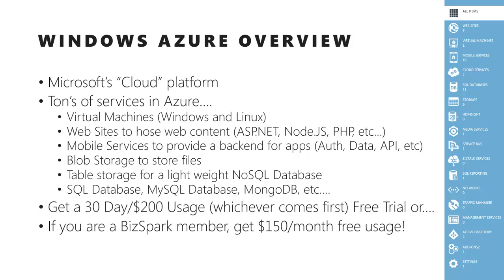We have relational databases. And you can sign up for a free 30-day or $200 usage trial. The trial expires at either 30 days or when you've used $200 worth of resources. However, if you signed up for BizSpark, you get $150 a month of free usage through the life of your BizSpark account, which is 3 years.